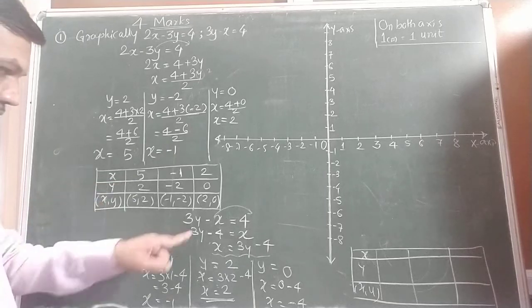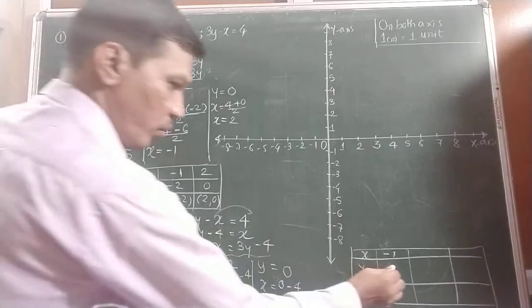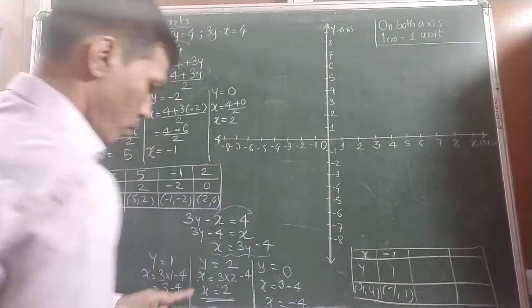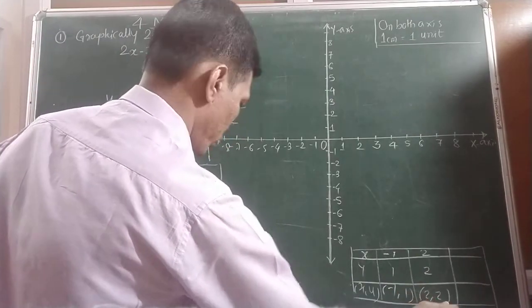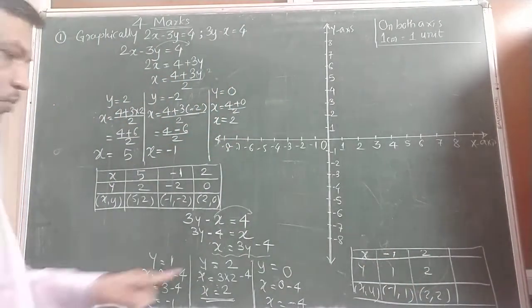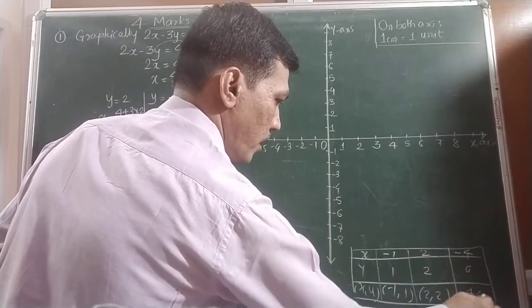So what is x here? Minus 1. What is y here? 1. Minus 1, 1. What is x here? 2. y also 2. So 2 comma 2. What is x here? Minus 4, y 0. So minus 4 comma 0.